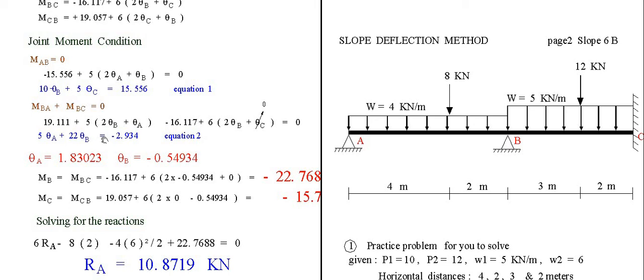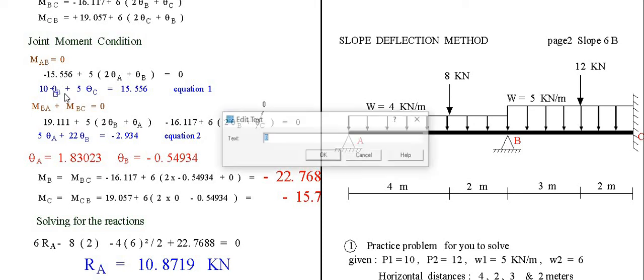We have two unknowns, theta A and theta B. Correction, please.